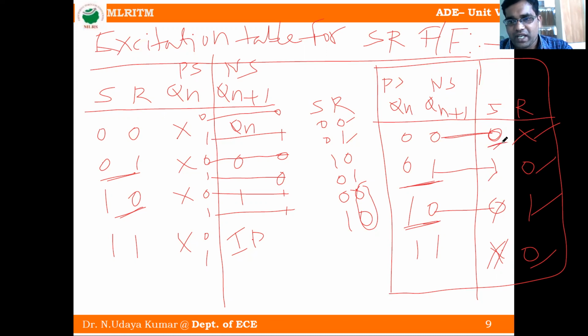For 0 1, S is equal to 1 and R is equal to 0, it is mandatory. For the 1 0 case, S is equal to 0 and R is equal to 1. This is mandatory. And for the 1 1 case, R is equal to 0. This is the mandatory case. This is for the SR flip-flop.